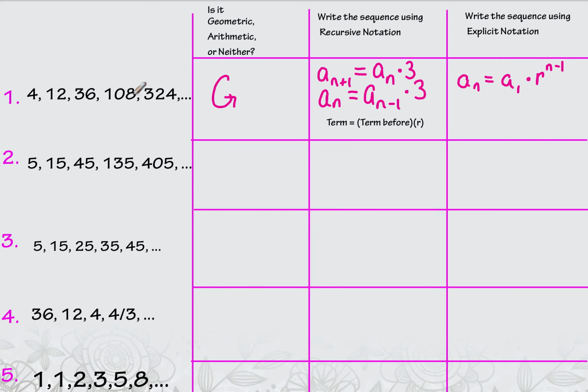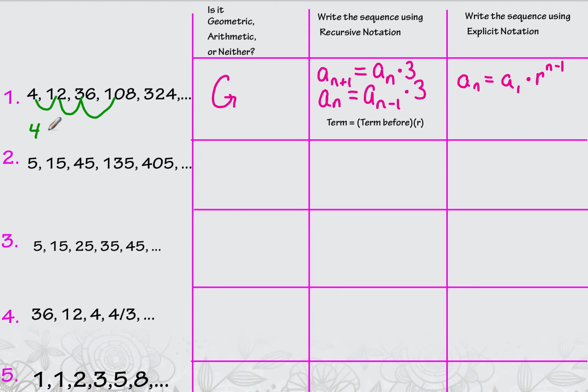If I wanted to find the 1, 2, 3, the fourth term here, right? This is the fourth term. This is the first term. I could have gotten right to that fourth term very simply by taking the first term, multiplying it by 3 to the third. Why is it multiplied by 3 to the third? Well, that's how many 3's I multiplied by to get there. 1, 2, 3.